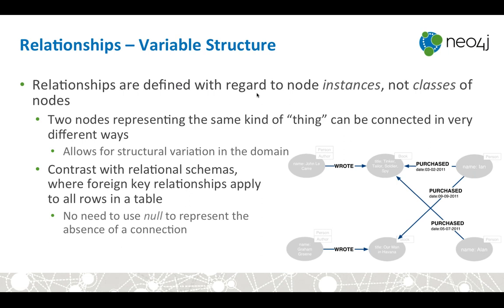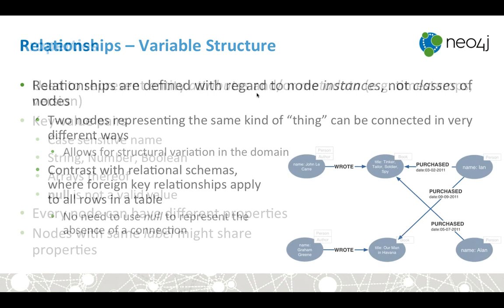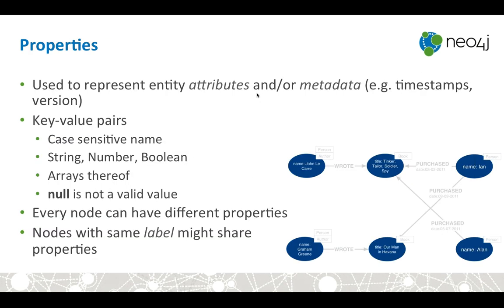In a graph, the relationships are more like a pointer that points from a node to another node, and each node has the list of all its pointers stored with the node as well. That allows us to provide a really fast way of following these relationships. And so we don't need to have a value that says there is no relationship, where a foreign key would be null in a relational database.